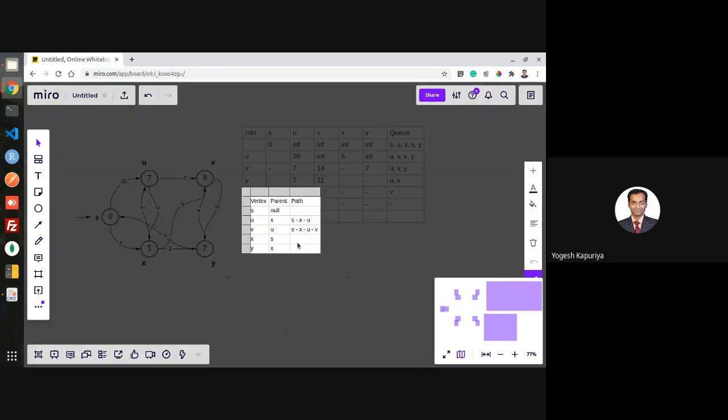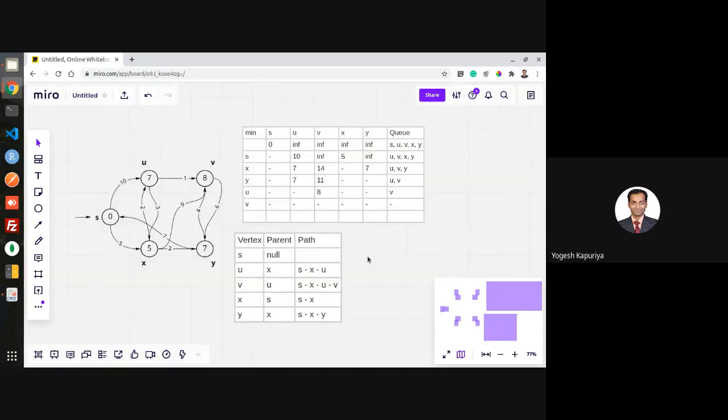Then you have a direct path between S to X because parent of X is S. Then you have Y to X. Who is the parent of X? Parent of X is S. Right. So these are the paths from the source vertex to every other destination vertex.